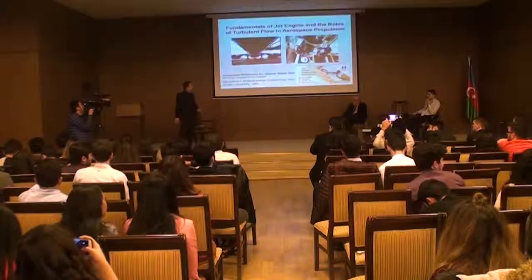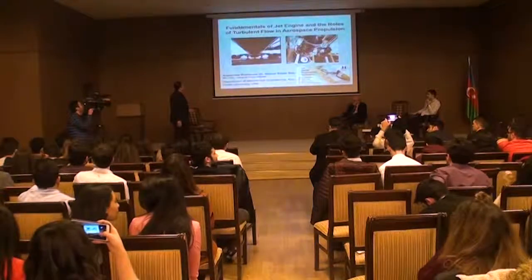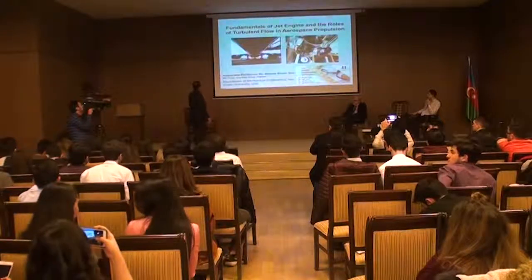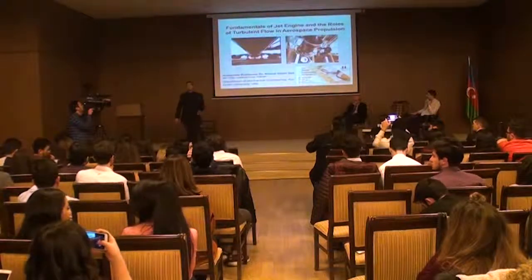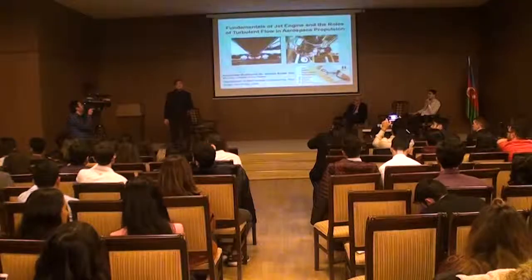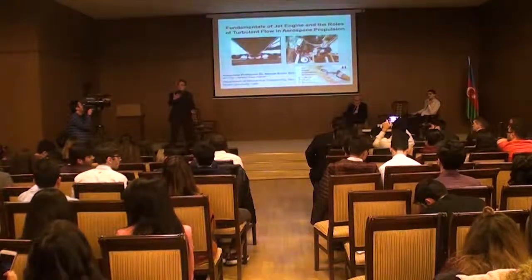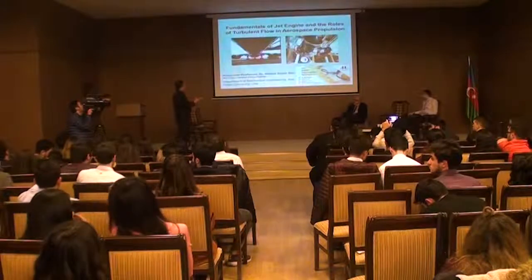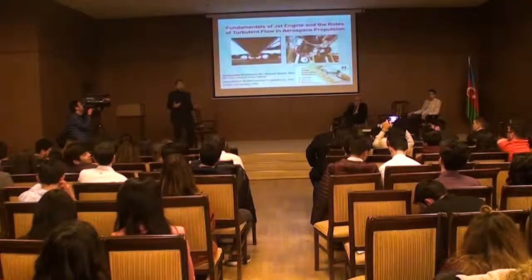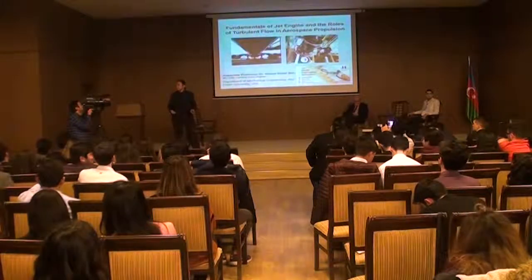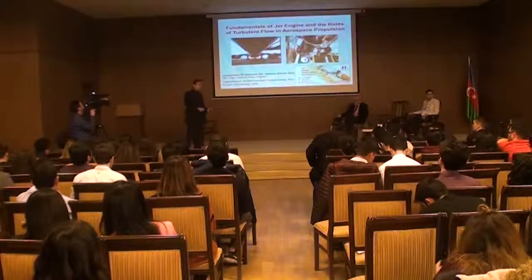My presentation today, or not really a presentation, more like a sharing session, is on the fundamentals of the jet engine and the roles of turbulence flow in aerospace propulsion. I'll be focusing more on the basics of the jet engine, as well as, because jet engines work in high-speed flow, we are dealing with supersonic flow or turbulence.